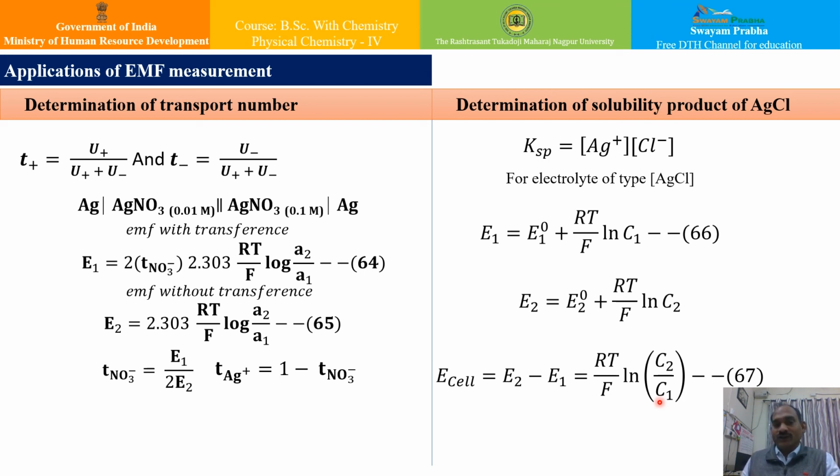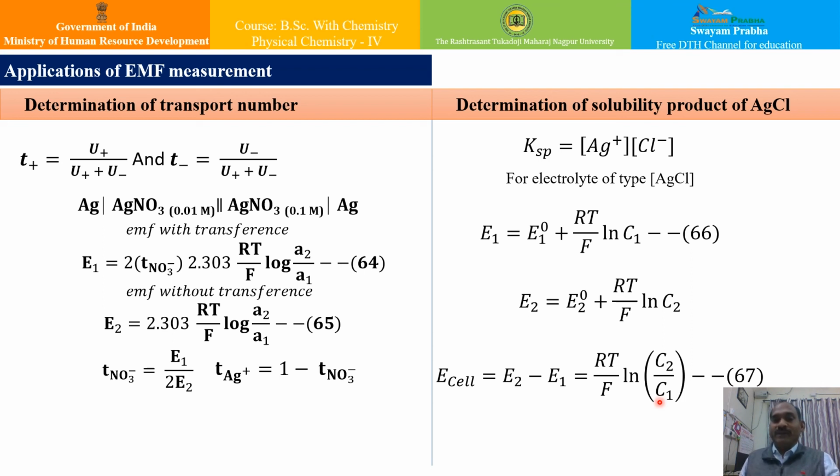The silver nitrate of one of the cells is titrated very slowly with small aliquots of KCl solution, and with every addition we measure the EMF at small intervals, say 0.5 ml or 1 ml. At the point where a drastic change in EMF is obtained, we get the equivalence point of the precipitation titration, wherein the complete silver chloride is precipitated out.